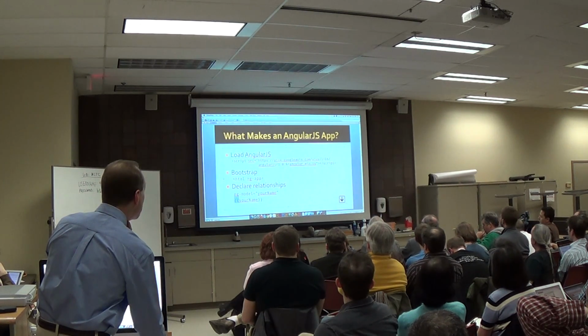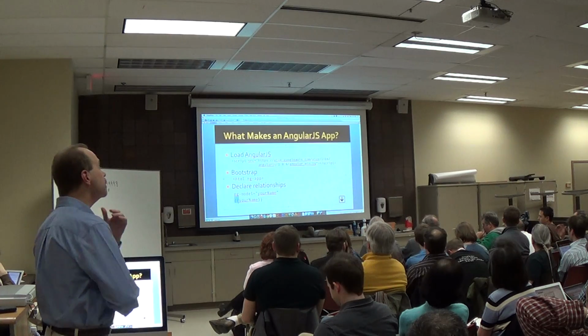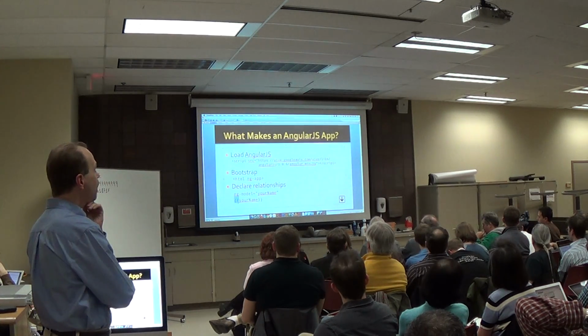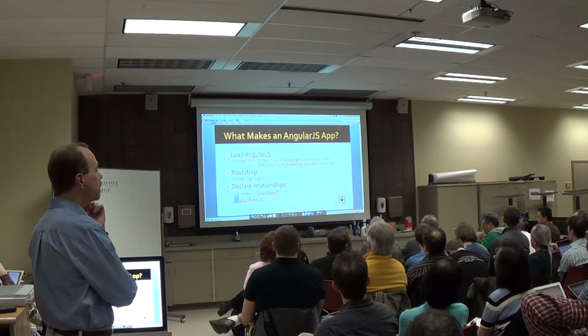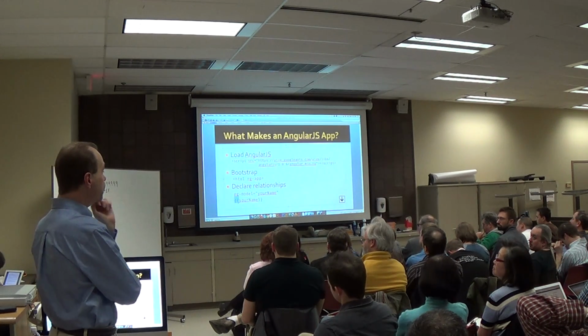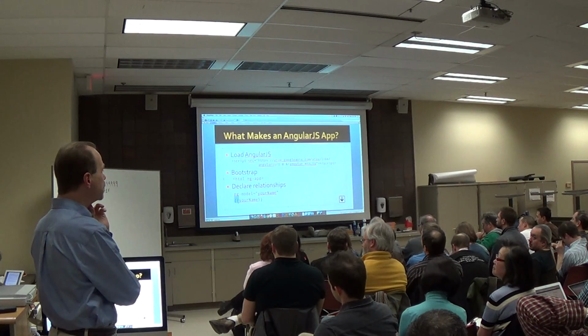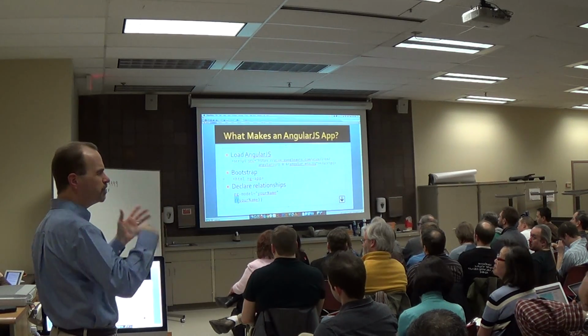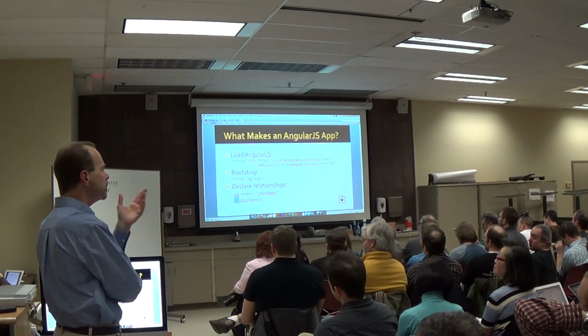And then another attribute is ngCloak, which hides those curly braces until it's done rendering. Actually, and something I don't have a slide on, the two curly braces are a mustache style markup, and mustache is one of the templating languages out there.